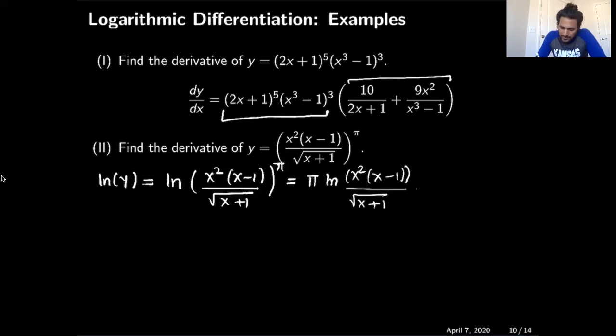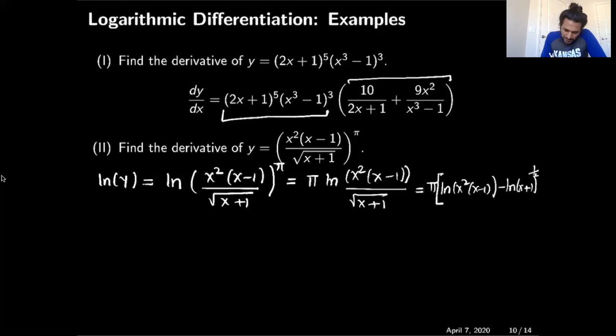And then the division inside of the natural log is subtraction outside. So it's going to be natural log of x squared (x minus 1) minus natural log of, this is in parentheses here, (x plus 1) to the power 1/2.